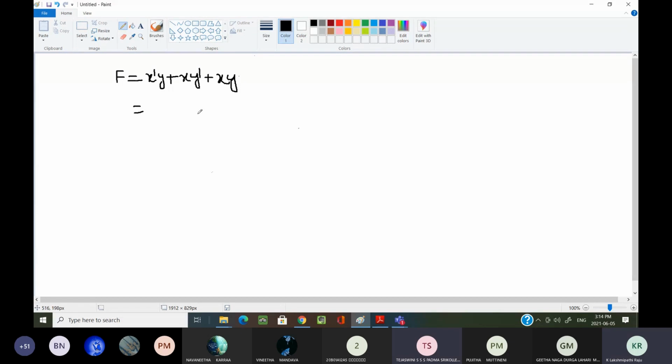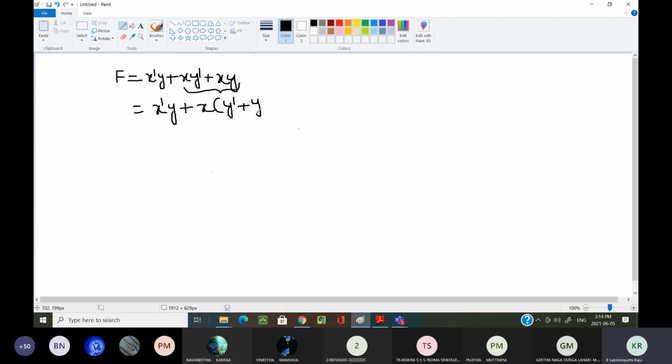In the last two terms, x is common. Take x. Okay, I can write neatly. x dash y plus, I can take x as a common here, now I can write y dash plus y.